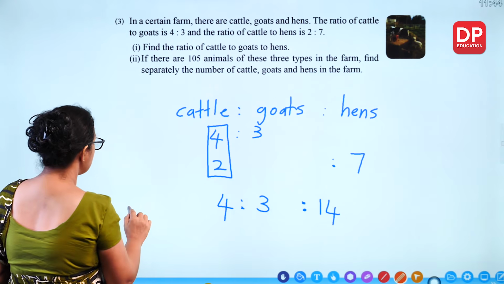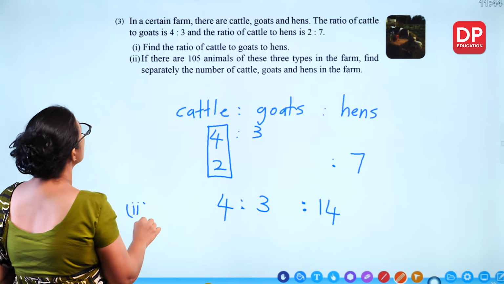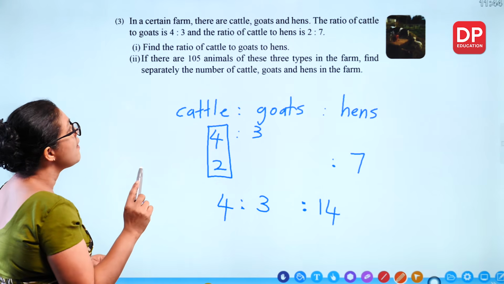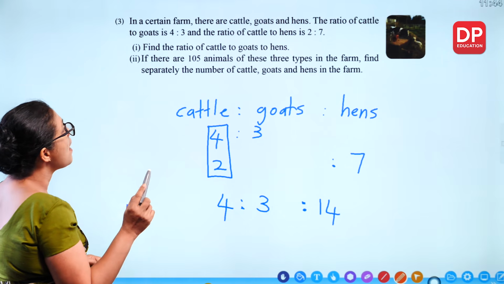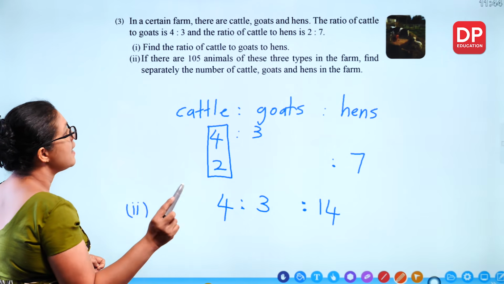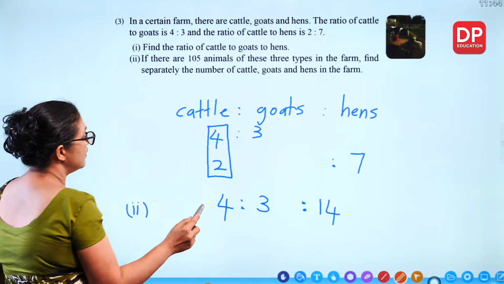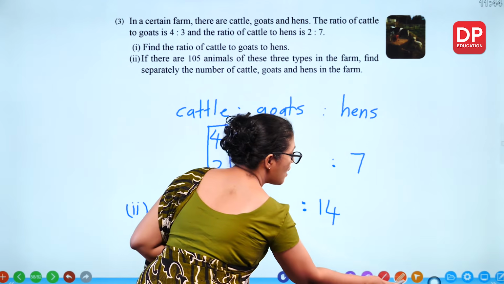And the second part says, if there are 105 animals of these 3 types in the farm, find separately the number of cattle, goats and hens. So how do you find out the combined one?